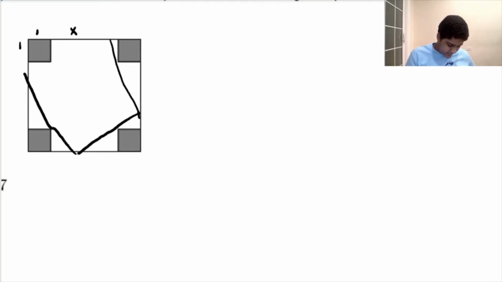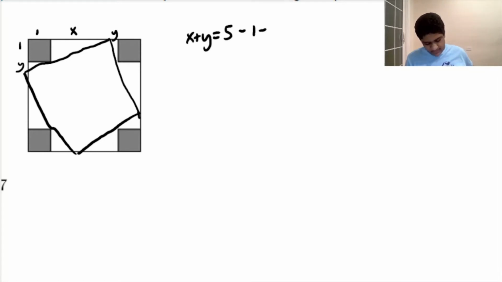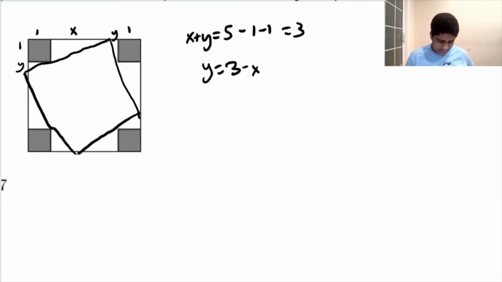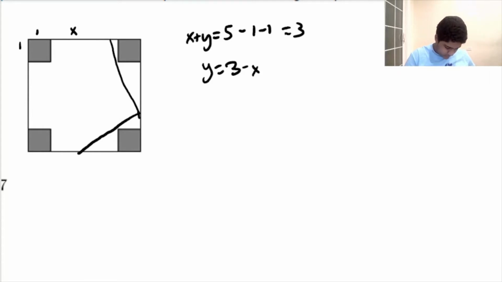Well, if we denote the smaller length as y, we know that since these triangles are congruent, this is also y right here, which means that x plus y is going to be equal to 5 minus 1 minus 1, because this is also 1, which is going to be equal to 3, which means y is just going to be 3 minus x. So we can replace this y here with 3 minus x.